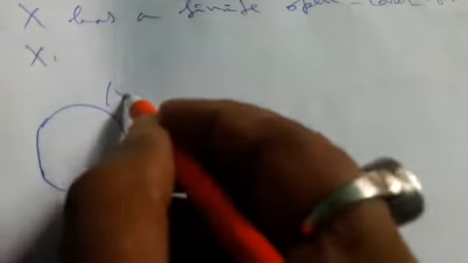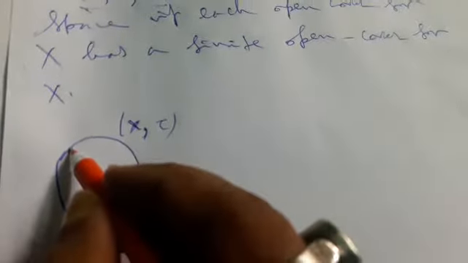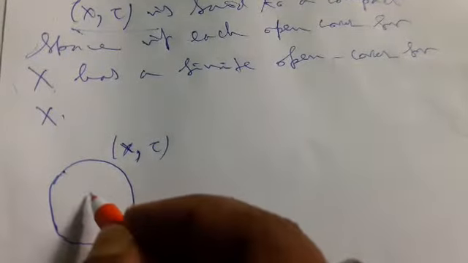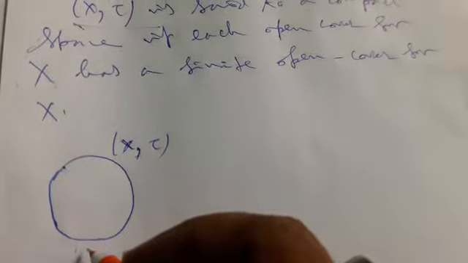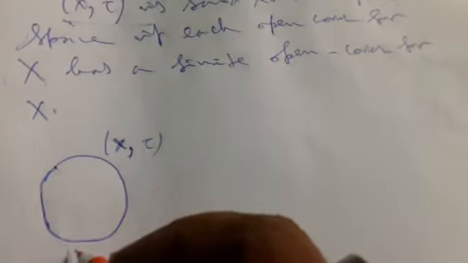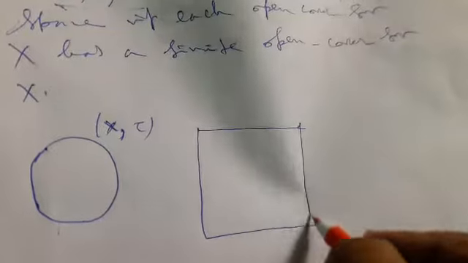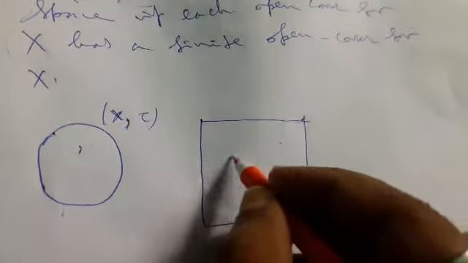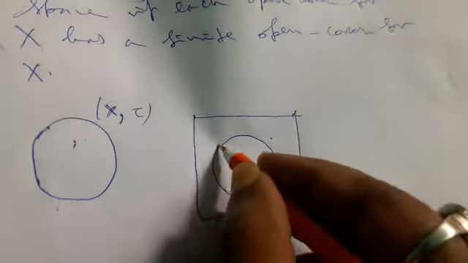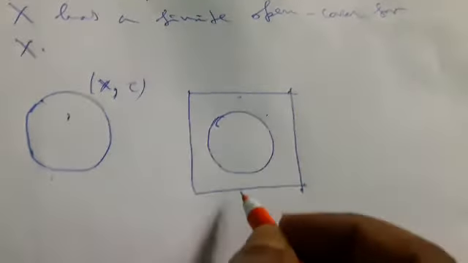If you take a figure like (X, tau) with X the space and a topology defined on it, and there are many open covers that cover this space, and we make some sheets that cover this entire space, and if we shift these sheets here they totally cover the space X.